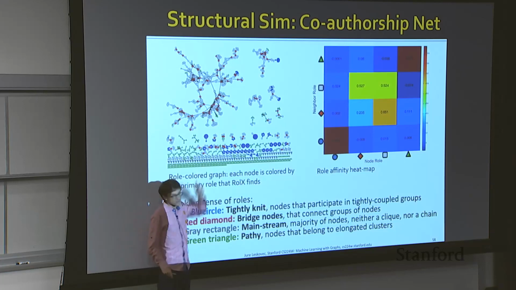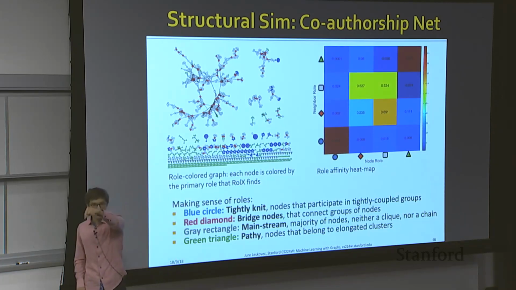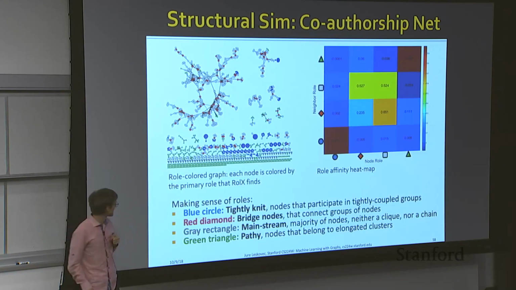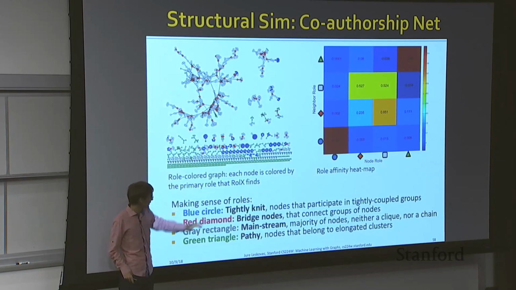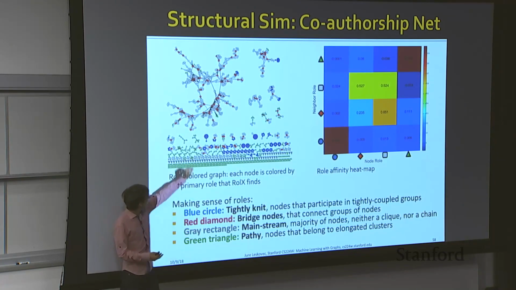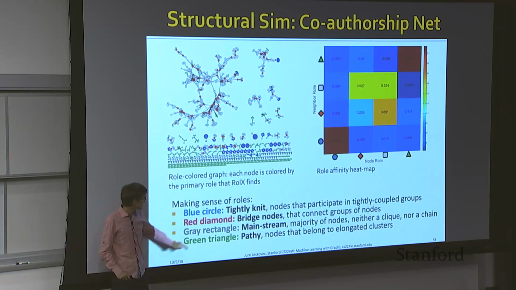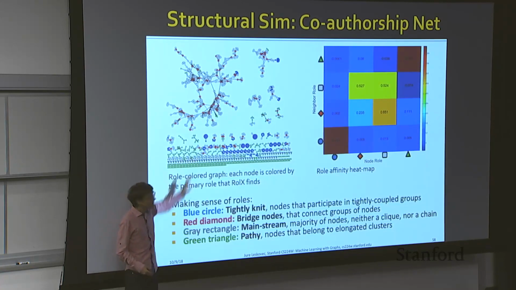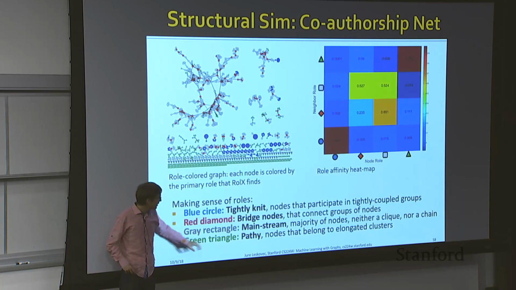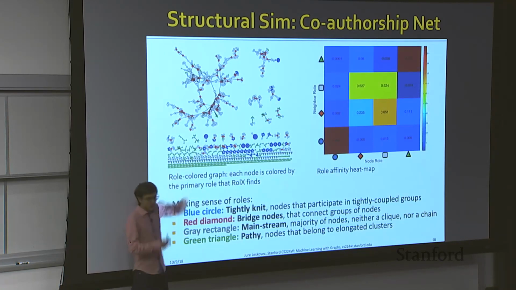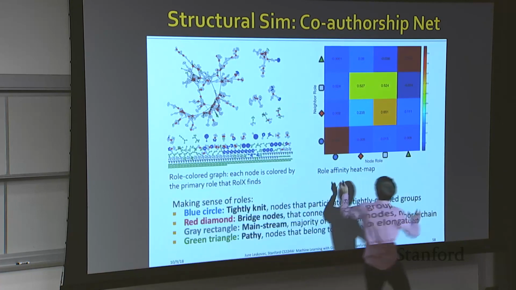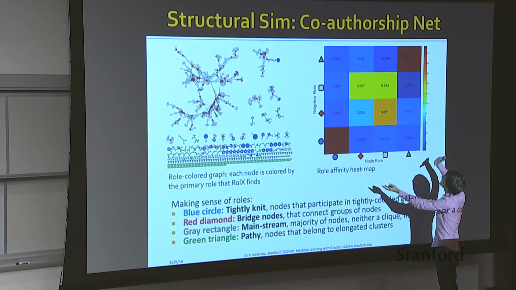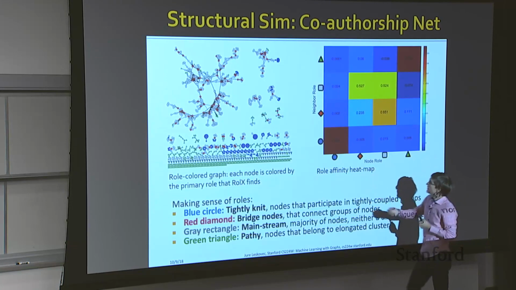And then the green nodes could be students, these little periphery nodes that only write papers with their advisors. So we have blue circles, which are tightly knit communities, red nodes that are bridges and centers of stars, gray rectangles that are everything else, and green nodes that are parts of long paths.